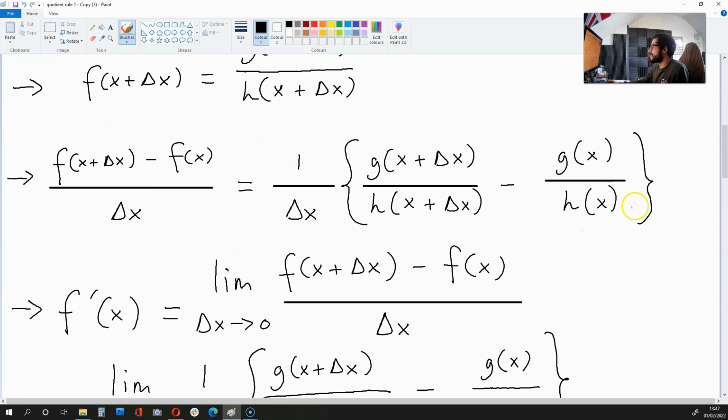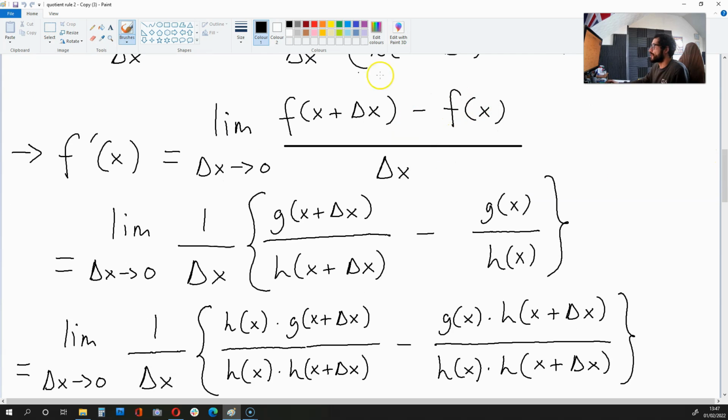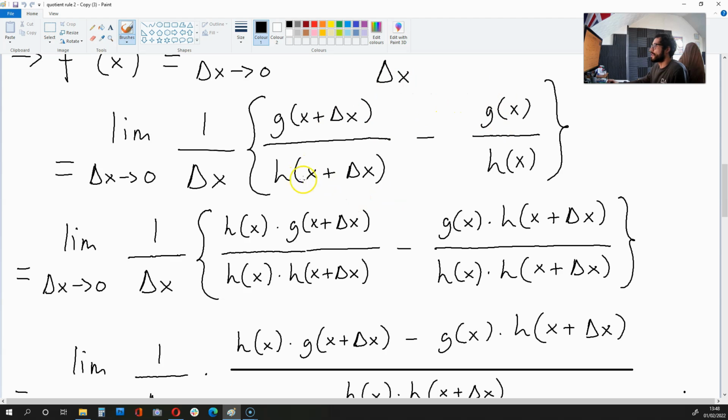Now, because we've identified this up here, it means we can change this over here to this down here, okay? And this is what we're going to use to get the quotient rule. So using algebraic rules, we can transform what's inside these brackets into this over here, okay?